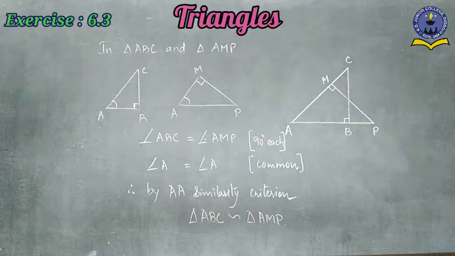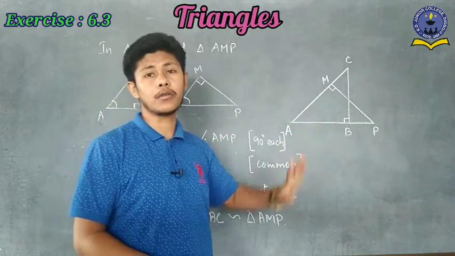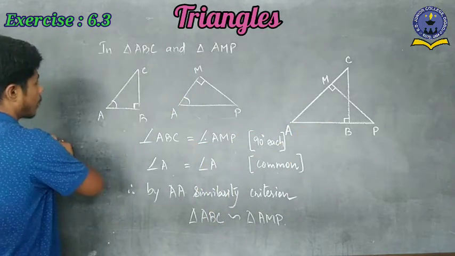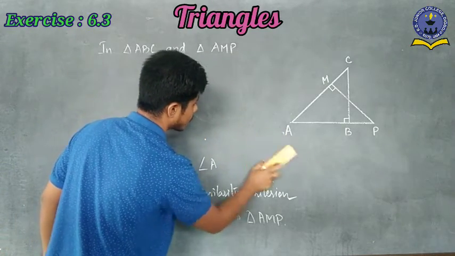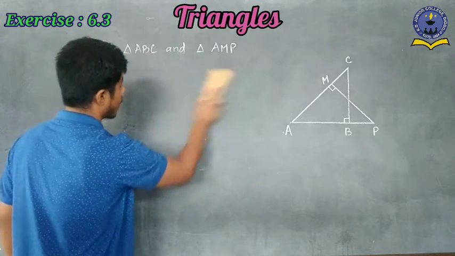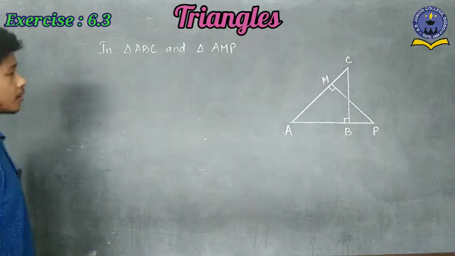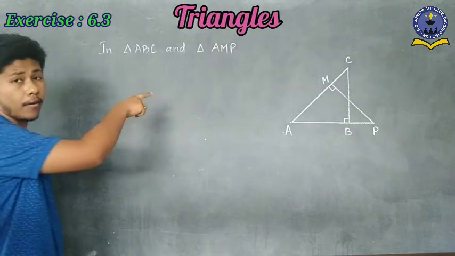Now the next question: we need to prove CA by PA equals BC by MP. Let's see how we can do this. From these 2 diagrams we can prove this result. Again we take triangle ABC and triangle AMP, the same 2 triangles for the second one.